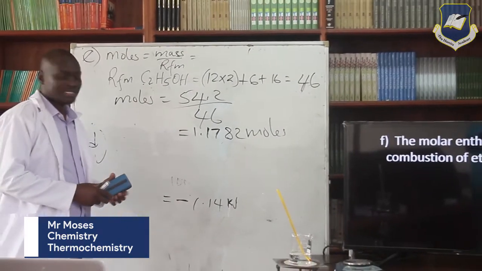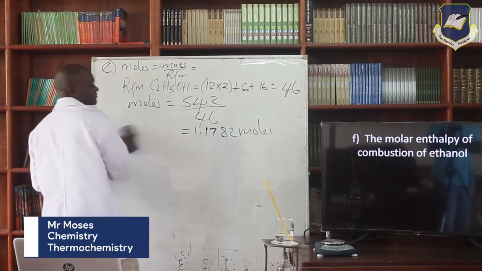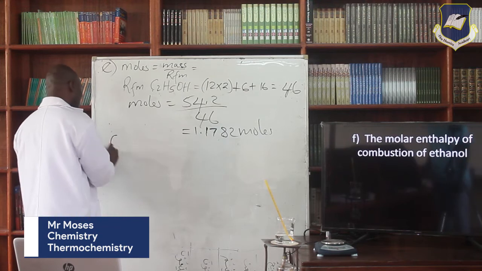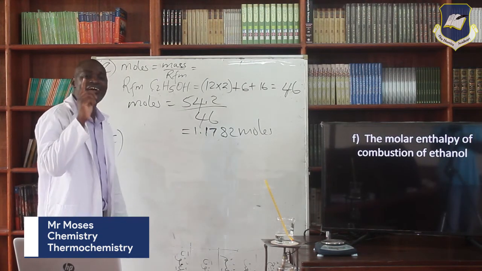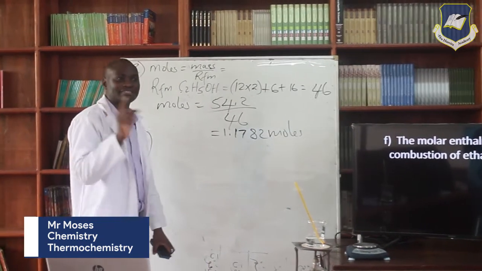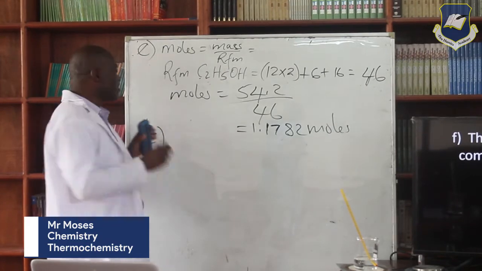Now, number F, the molar enthalpy of combustion. Molar enthalpy of combustion means the heat change that occurs when 1 mole of ethanol is burned.